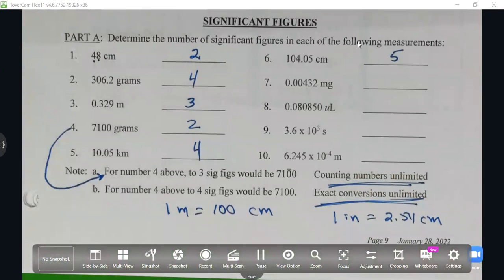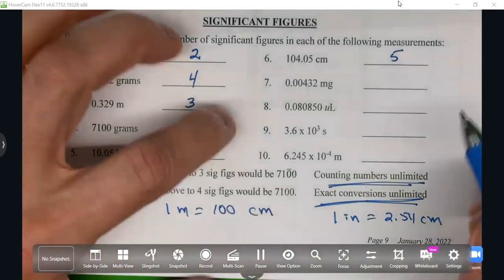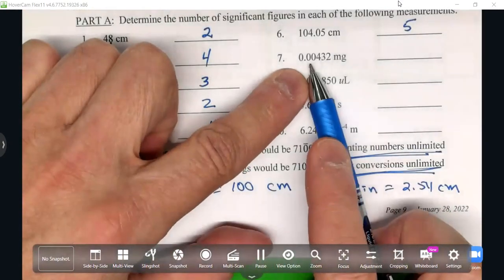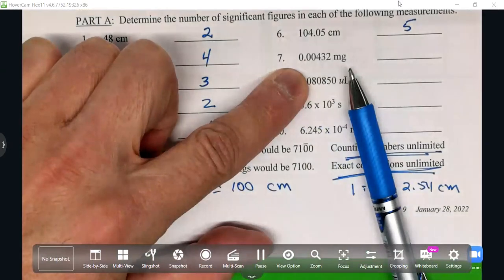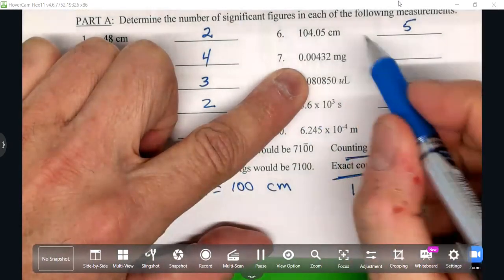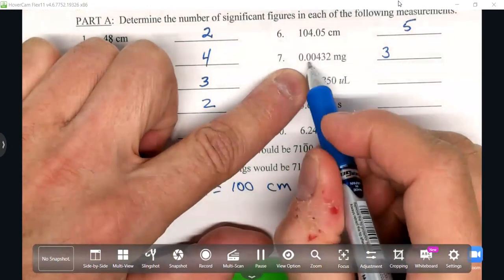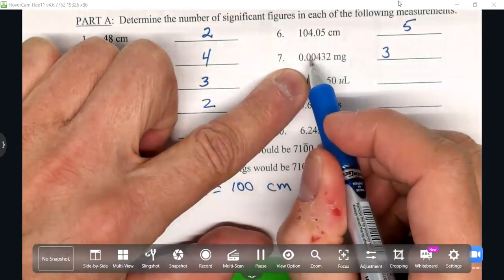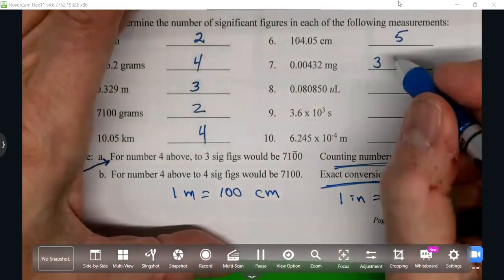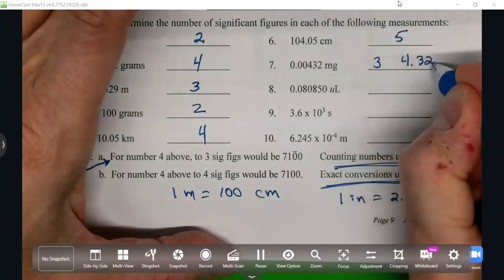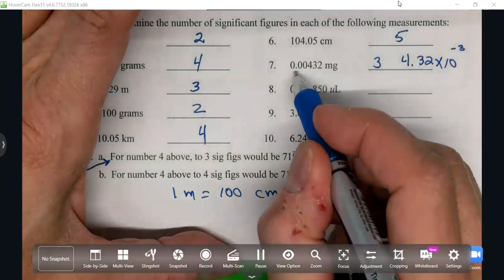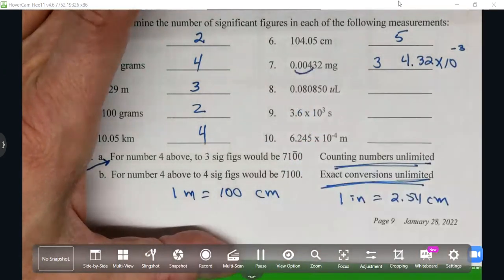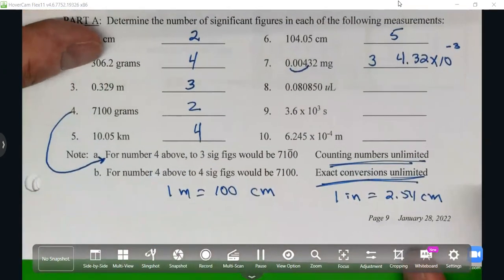And number 7, how many good numbers in number 7? 3, right? Because if you put this in scientific notation, you wouldn't write these first 2 down. So this is 4.32 times 10 to the minus 3 if you put this in scientific notation.